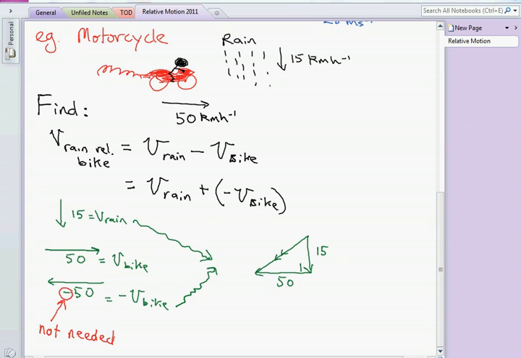Yep, Pythagoras, 90-degree triangle. So 50 squared plus 15 squared, all of that, equals, what was the answer?